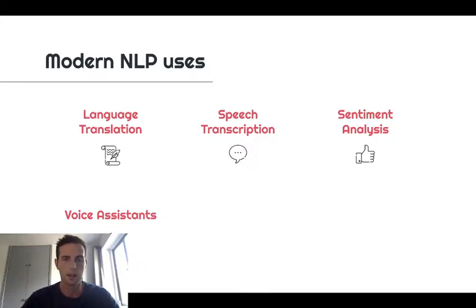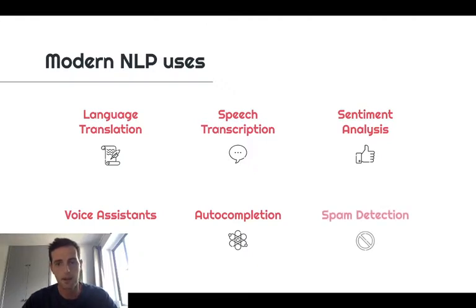It's using speech transcription and then text to speech on the output, but then a bunch of NLP in between as well to understand what it is that you meant. Auto-completion, even when you're typing on your phone and you mess something up and it recommends the next word, that's using NLP. And then every time you write an email, when you fire that off, it's going through some sort of classifier to try and detect whether it's spam or not, which is also using all sorts of NLP techniques.